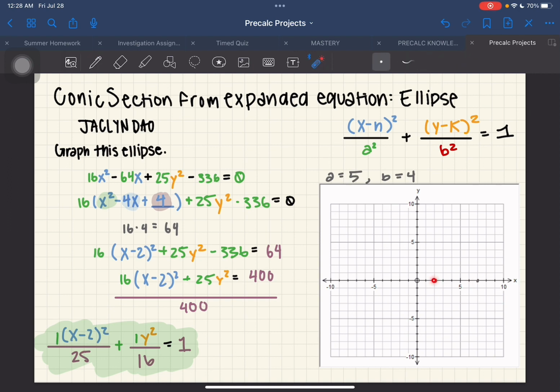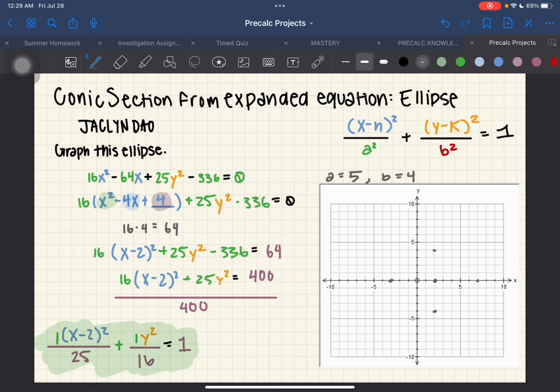And subtracting 5: 1, 2, 3, 4, 5. This is our second vertex. Now we can find our co-vertices, which would add or subtract 4 from our y, which equals 0. So 1, 2, 3, 4, and 1, 2, 3, and 4.